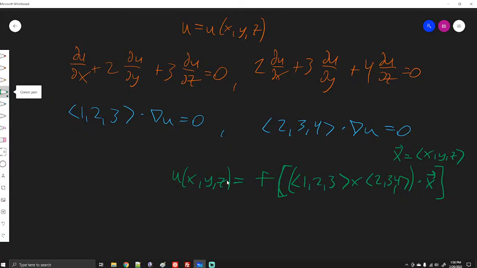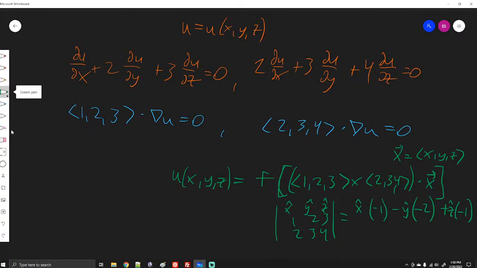So very quickly now I'm going to do this cross product here. So I have x hat, y hat, z hat, and 1, 2, 3, 2, 3, 4. So let's see what this is. So x hat, and then this is 8 minus 9, so negative 1, minus y hat, this is 4 minus 6, so negative 2. And now plus z hat, that is 3 minus 4, so negative 1.